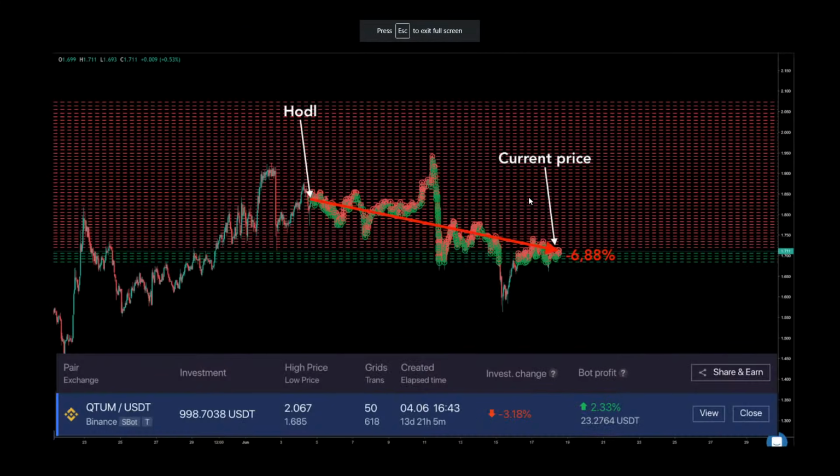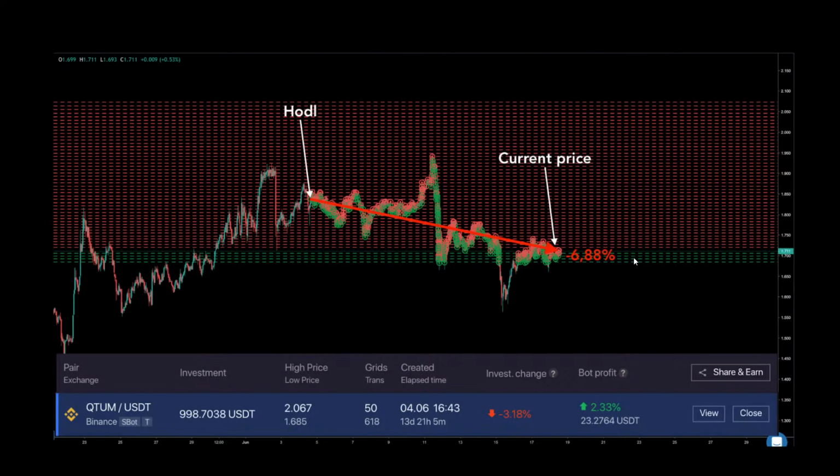That's my ultimate example that I always show. Imagine you just purchased Quantum, where you see hodl pointing at. So you just bought Quantum expecting the price to go higher, but unfortunately it falls. So in a simple scenario where you just buy it, you end up having a loss of around minus 6.88%.